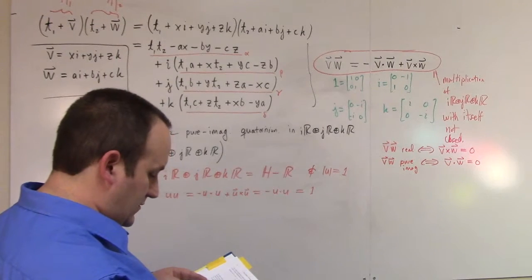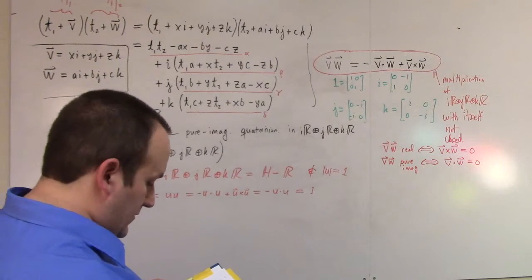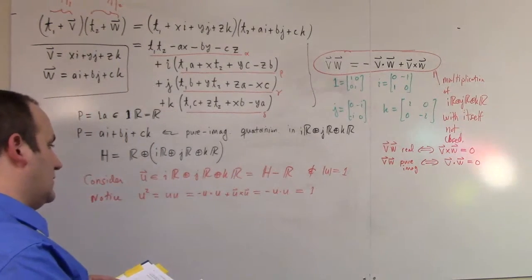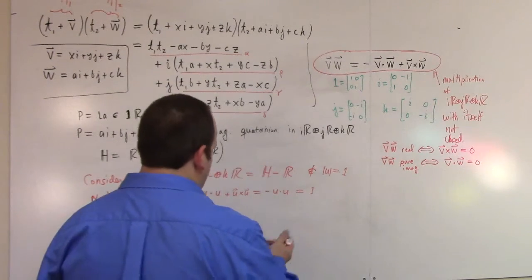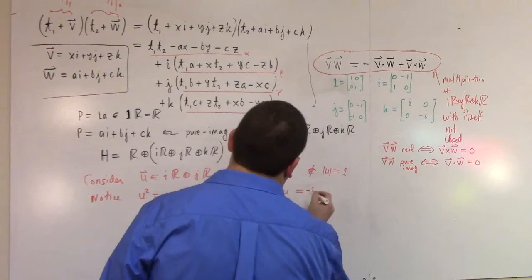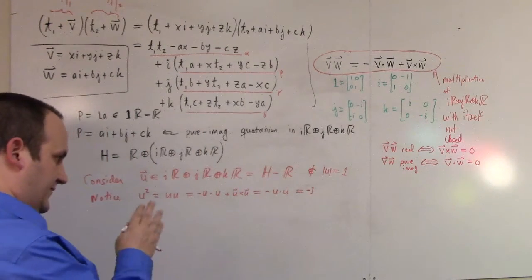Isn't the absolute value of all of them? Well, if the absolute value of U is 1, then U squared is 1 too. Oh, right. Yeah, this is minus 1. That's minus 1. Okay. Definitely that's minus 1.